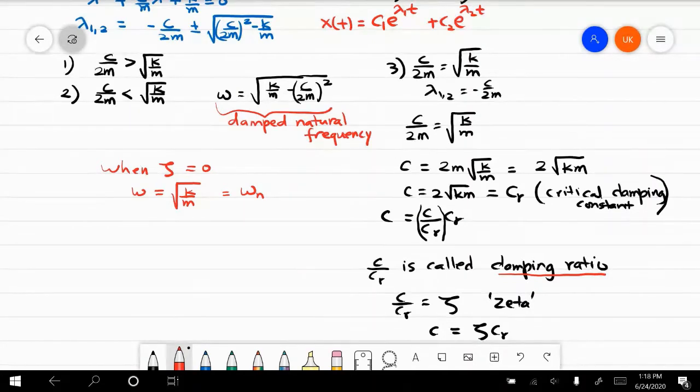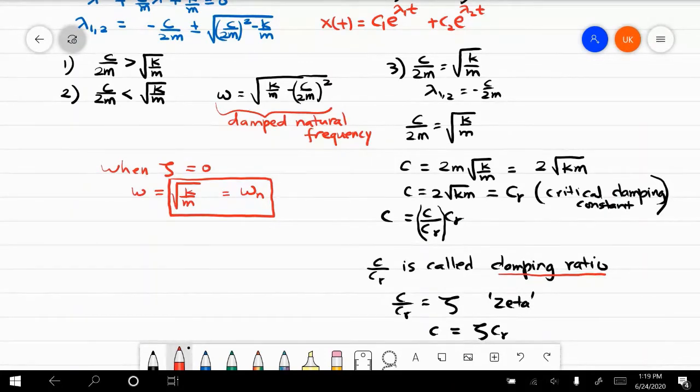In other words, the amplitude of the oscillation will remain constant. It will neither grow nor decay. And this square root of k over m is written as omega n, where n represents natural frequency.